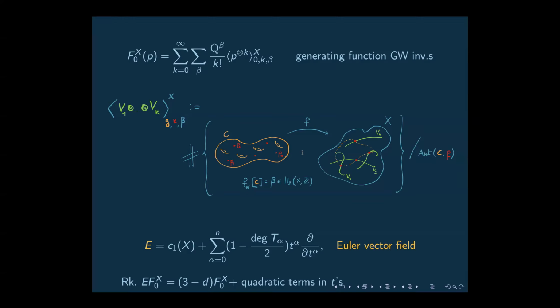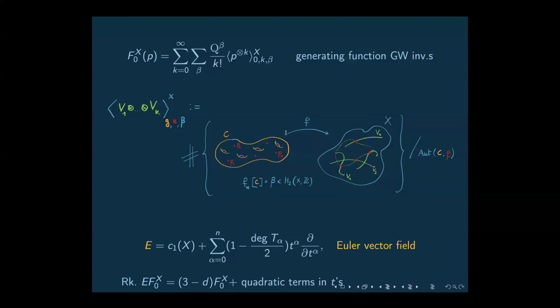For us, for today, it will be a crucial ingredient, also a distinguished vector field on the domain M of the previous slide. The domain M is the quantum cohomology of X, and the structure that I described with hands in the slide before is a Frobenius manifold structure.